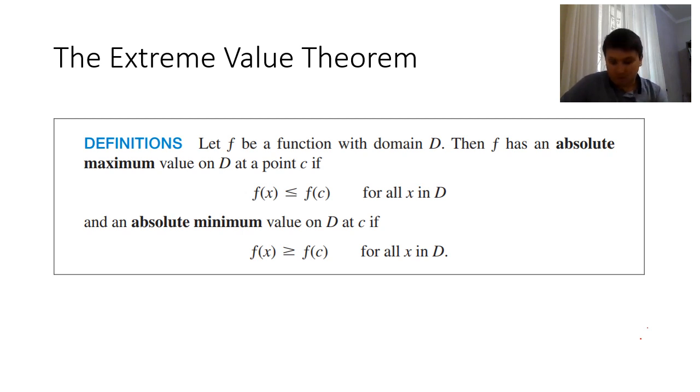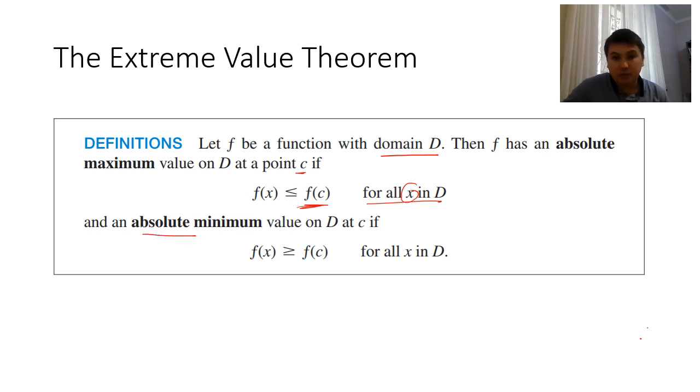So the definition of absolute maximum on a domain, where domain usually means an interval for us. For a point c to be a maximum, it means all the other points have values at most f of c.